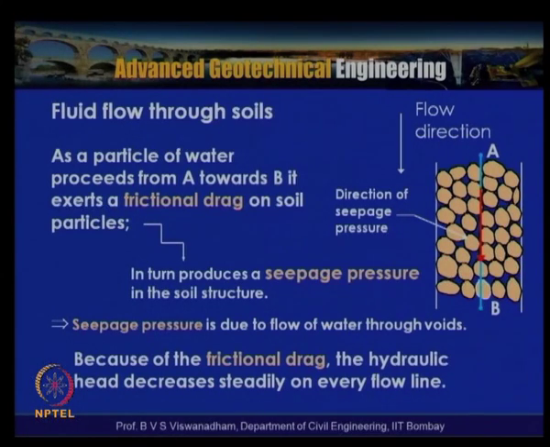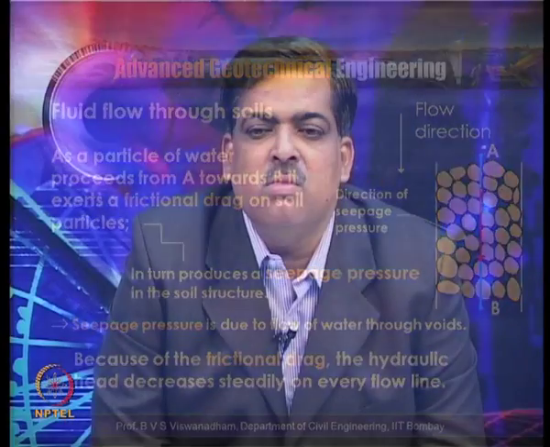So because of the frictional drag, the hydraulic head decreases steadily along every flow line. That means that as it drops from A to B, because the energy is transferred in the form of a frictional drag on the soil particles, the head decreases steadily from A to B in this example.